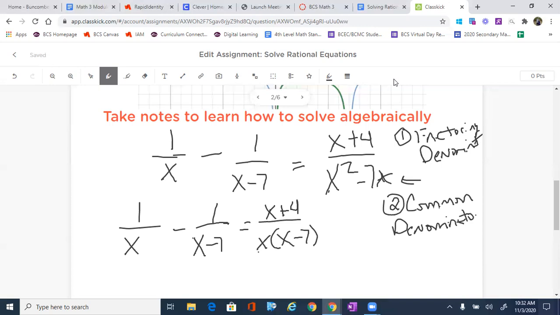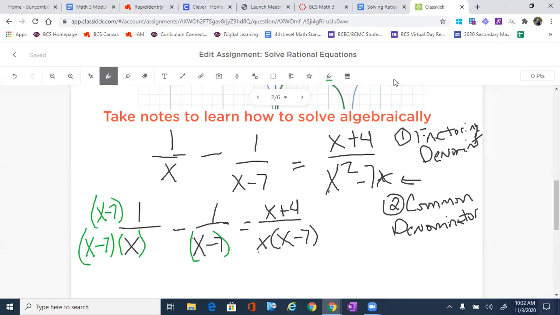When we find a common denominator, remember we need to look for things that each one of them has and what the other ones are missing. For example, on this first one, we have an x, but we do not have an x minus 7, so I'm going to put x minus 7 here. What I do to the bottom, or the denominator, we do to the numerator.